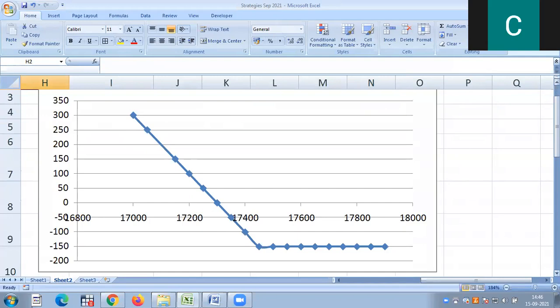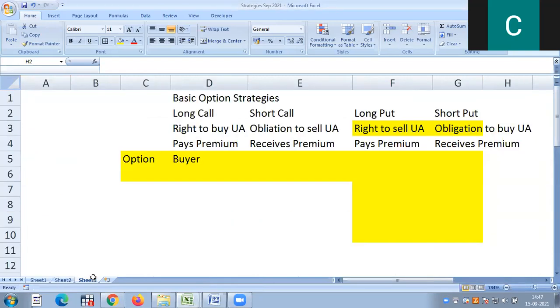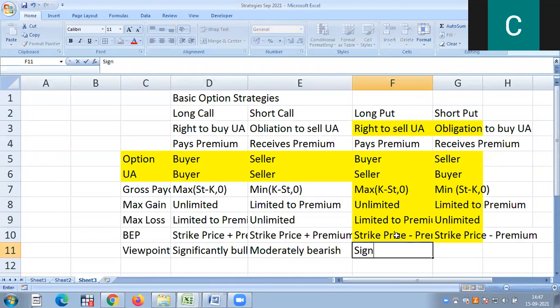So the long put position viewpoint is bearish, significant bearish. So short put is moderate bullish.